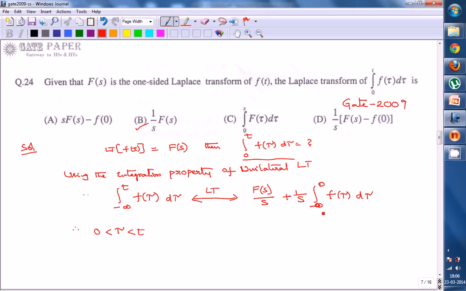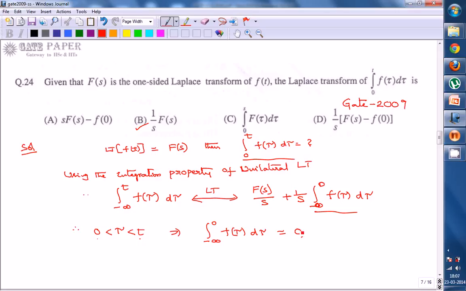So here by observing, we need the integral from minus infinity to 0 of f(τ) dτ, then by considering τ from 0 to t, we can make this integral from minus infinity to 0 of f(τ) dτ equal to 0, because we need only from 0 to t. The negative values of τ from minus infinity to 0 become equal to 0.